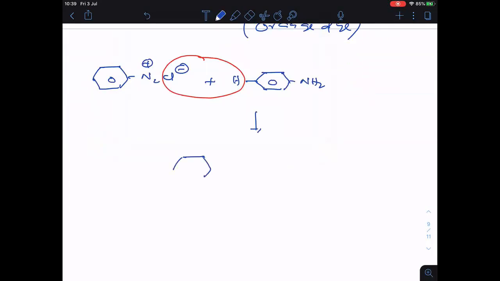Then what is the product formed here? N double bonded N, then here NH2. So what is the name of this one? It is said to be para amino azobenzene.